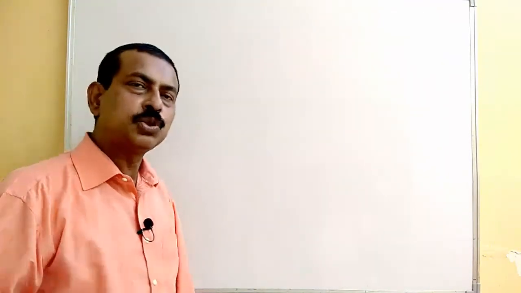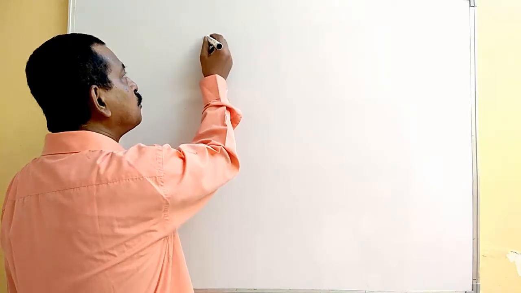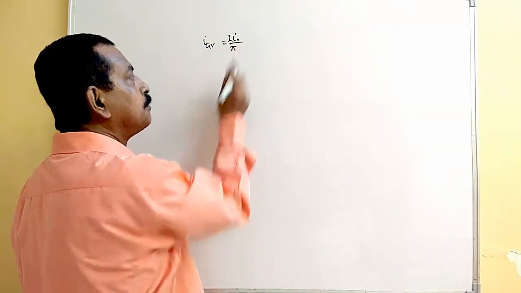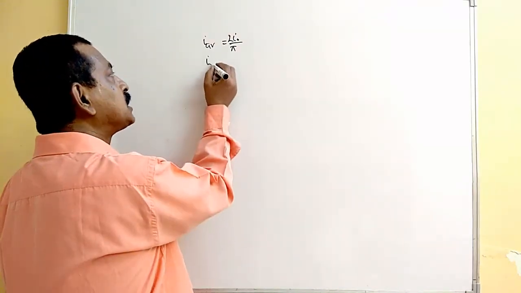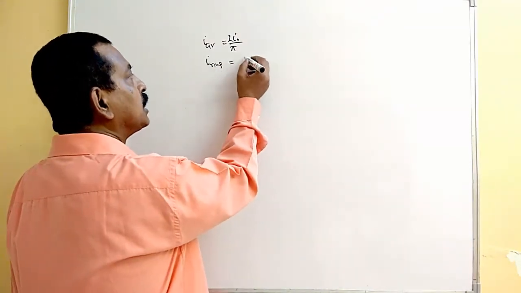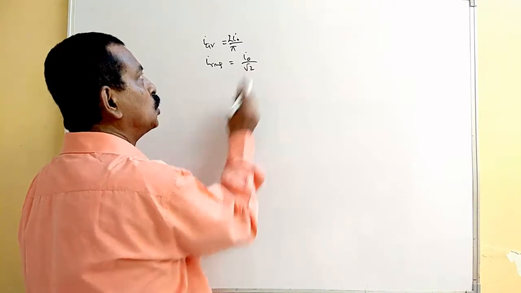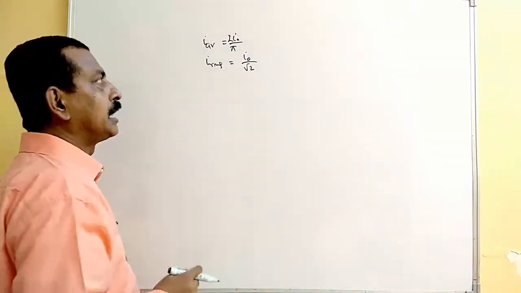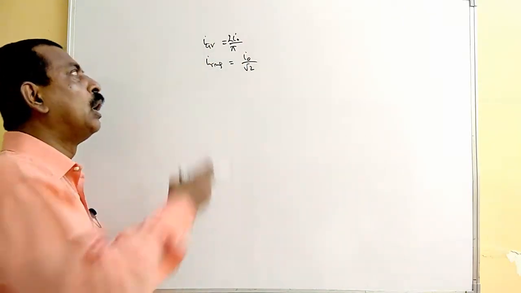So just to sum up, we have got the expression for I average as 2 I naught by pi, and I RMS as I naught by root 2. So you can get the relation between I average or I RMS in terms of I naught or in terms of one another.